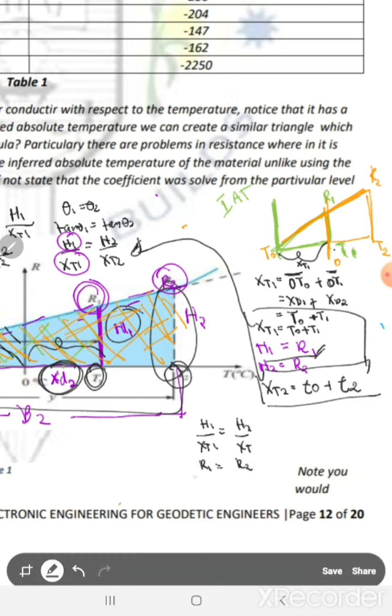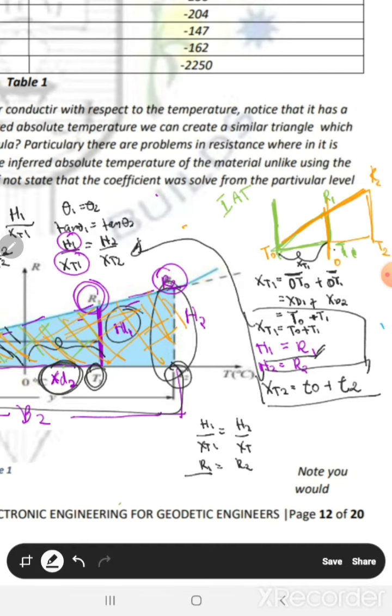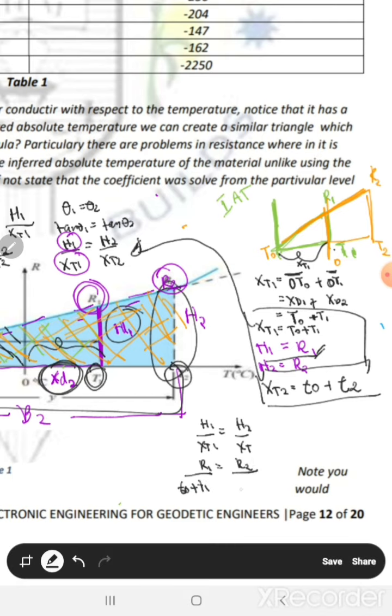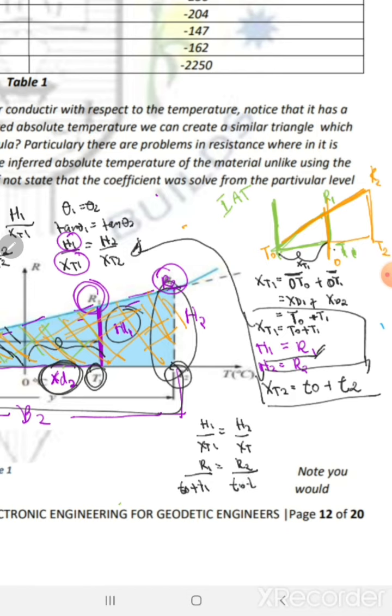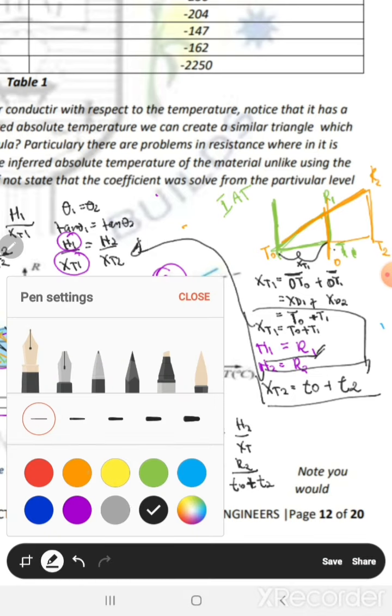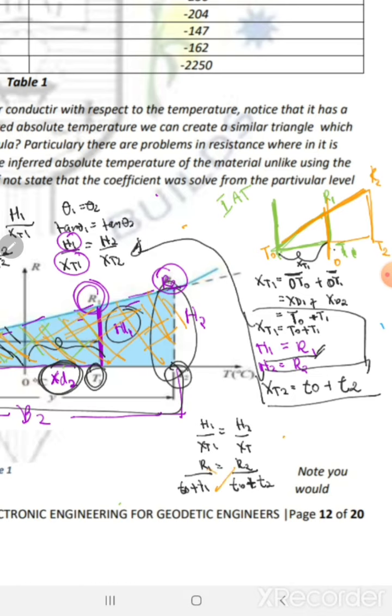And our XT1 is simply equal to T0 plus T1. And our XT2 is just equal to T0 plus T2. Okay? So, by simple manipulation of formula, we can get the equation 3.